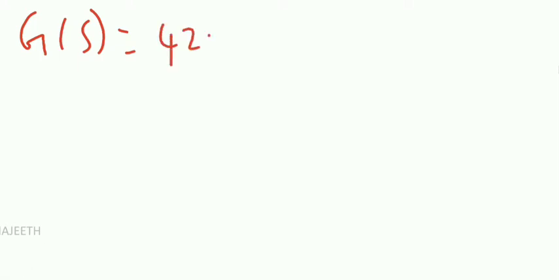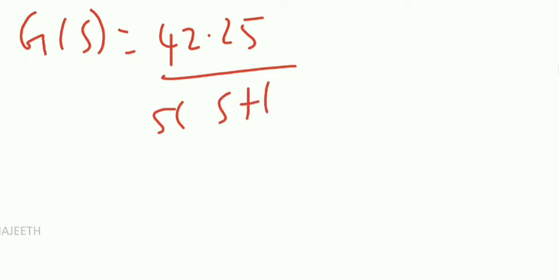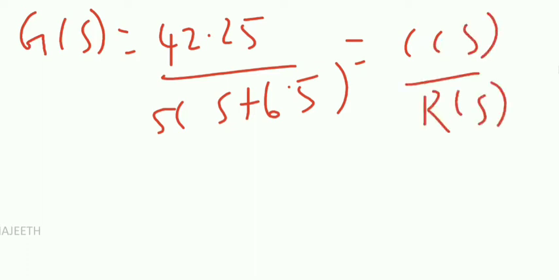So G of s is given as 42.25 divided by s into (s plus 6.5). We know this is equal to C of s divided by R of s. It is a unit step input, so R of s equals 1 by s.